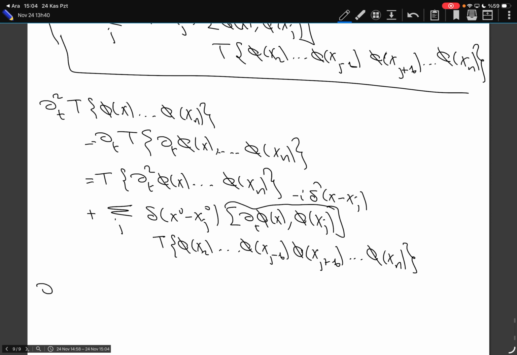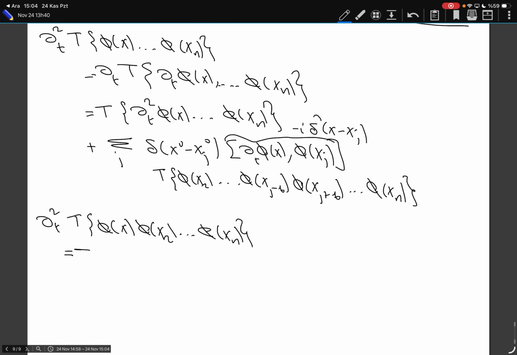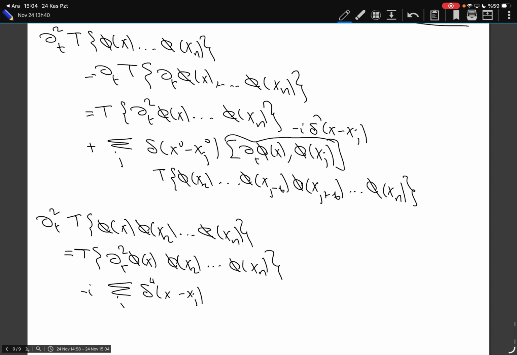So this del t squared of this time-ordered product is equal to the time-ordered product of the second time derivative of this field phi of x times minus i, sum over all the fields I have, Dirac delta 4 of x minus xj, the four-dimensional Dirac delta.